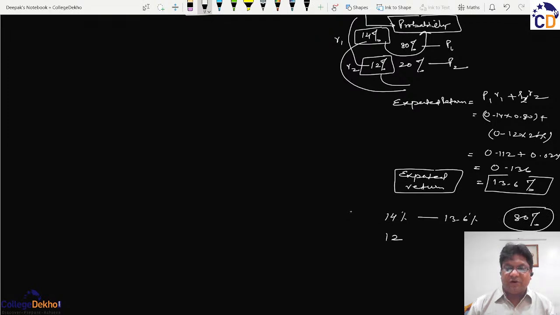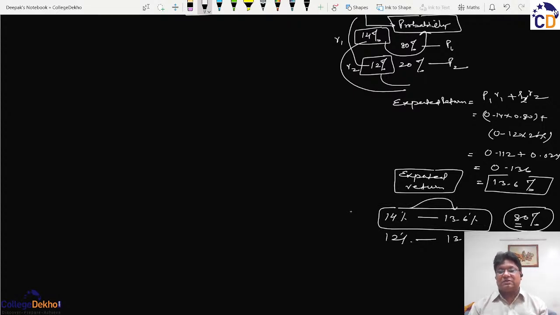Or you anticipate 12% and you get 13.6%, and there is a 20% chance of it. So, what you anticipate and what you get: there is a reduction in your anticipated returns, and there is quite a high probability for it, that is 80%. And if you anticipate 12% and you get 13.6%, though you will get more than you are expecting, there is very less probability of that.